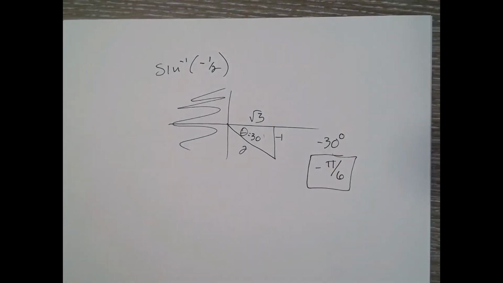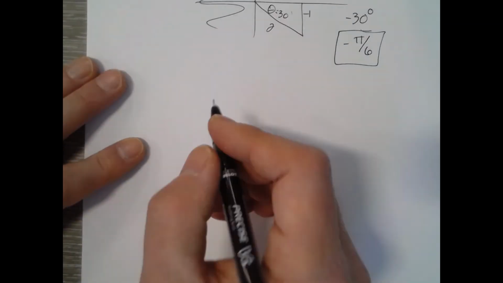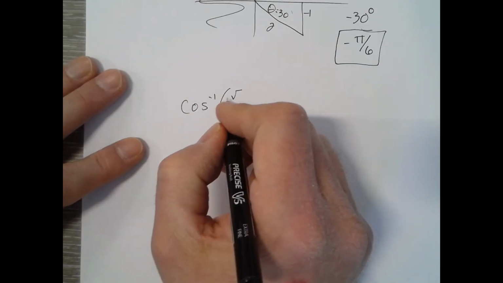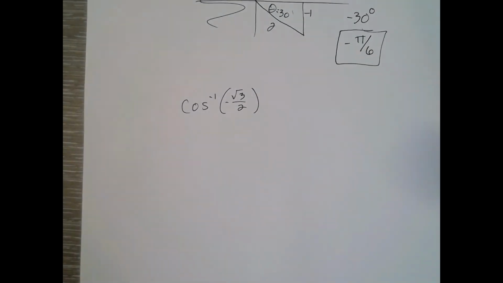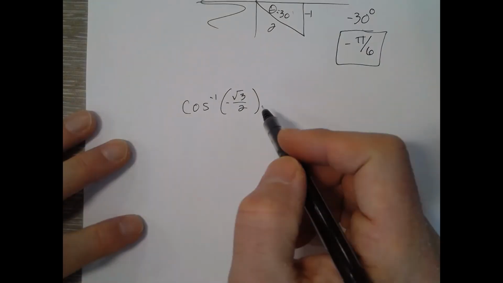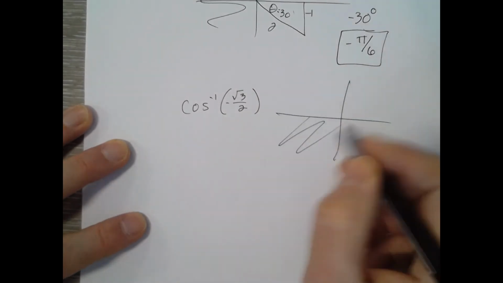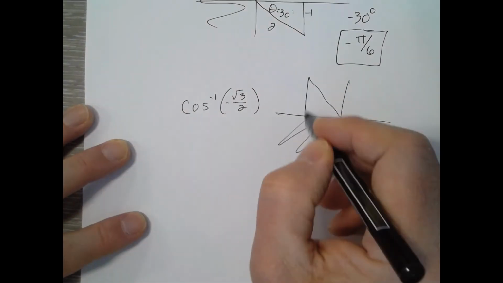Okay, good. Let's try cosine, just because that one's a little bit different. So what's the inverse cosine of negative square root of 3 over 2? Try that one. Alright, so it's a negative inverse cosine. Inverse cosine exists in quadrant 1 and 2. So negative puts it in quadrant 2.